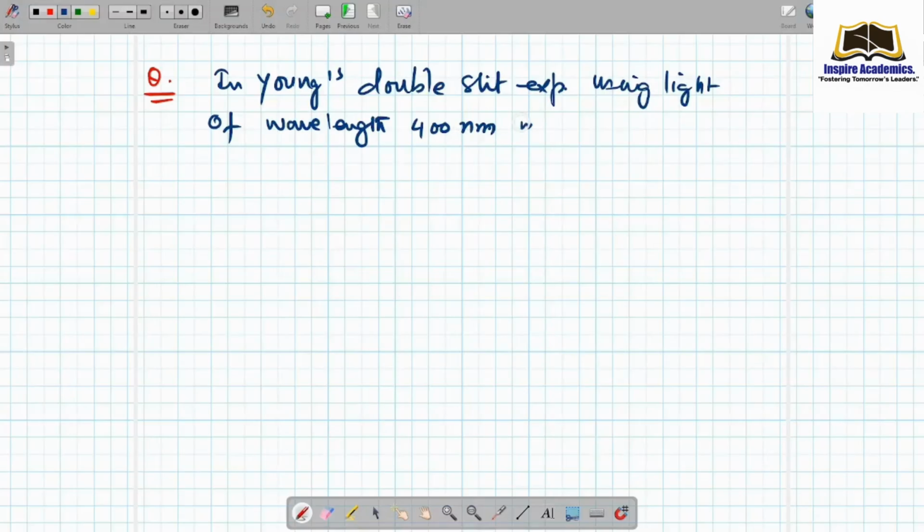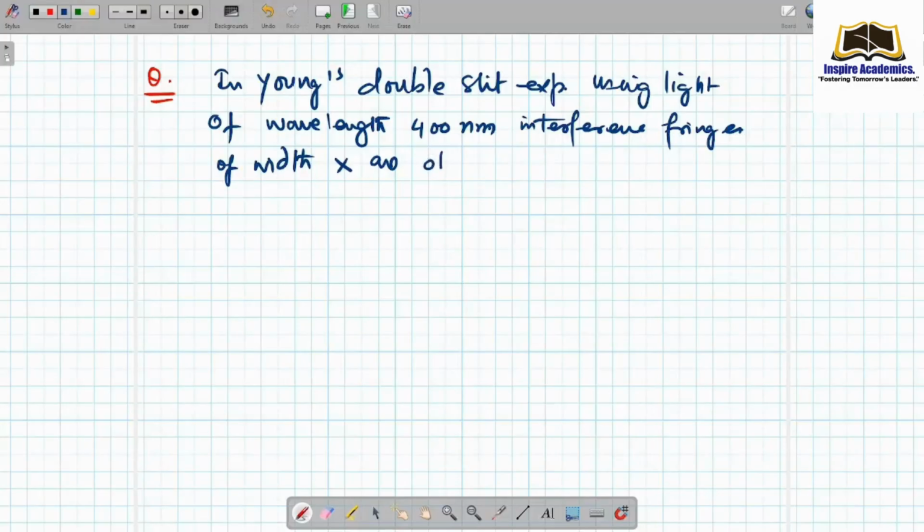interference fringes of width x are obtained.